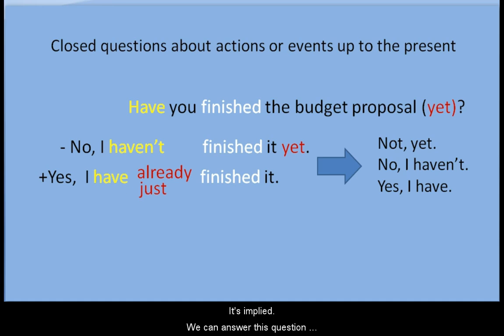We can answer this question with the simple yes, I have, or no, I haven't. We don't have to add details to be polite. Using present perfect is practical because sometimes all we want to know is simply yes or no. If we want more details, we switch to the simple past and ask questions with what, when, where, how long.